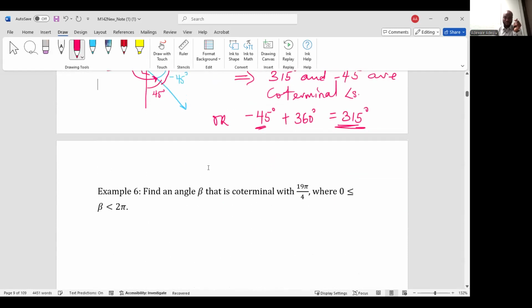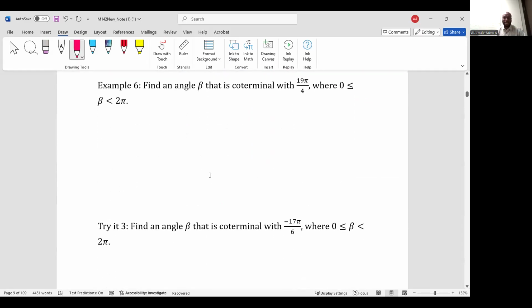Okay. Now, another example. Find an angle, we call it beta, that is coterminal with 19 pi over 4.